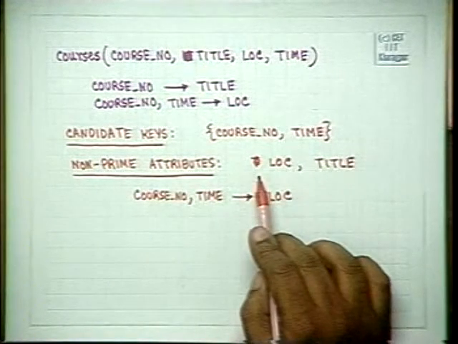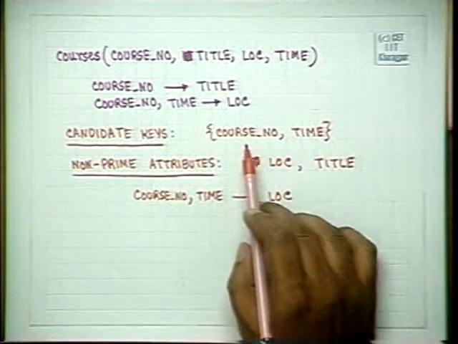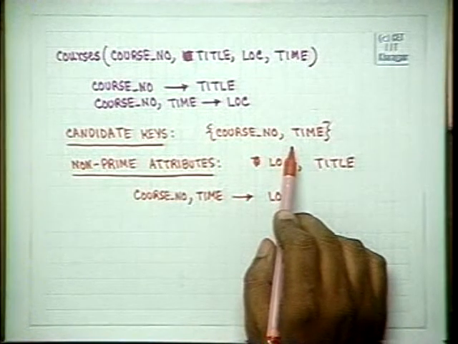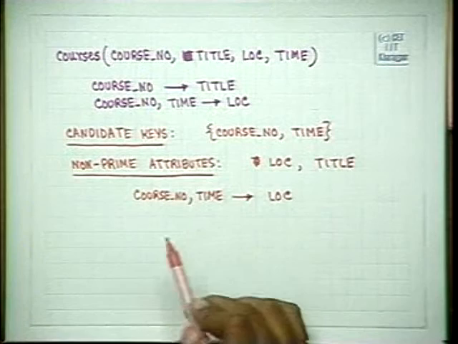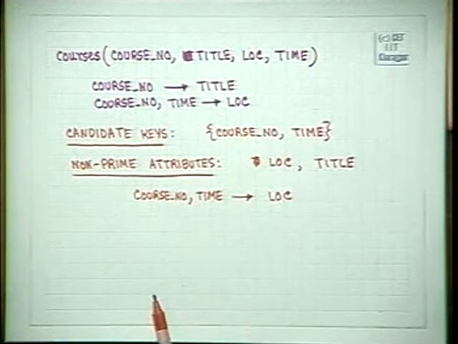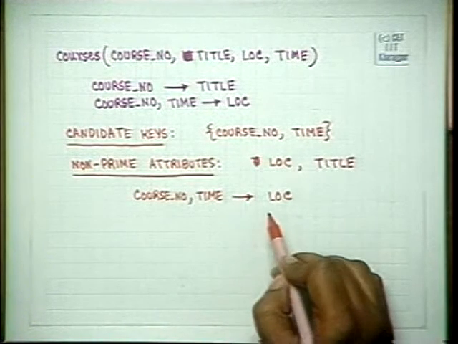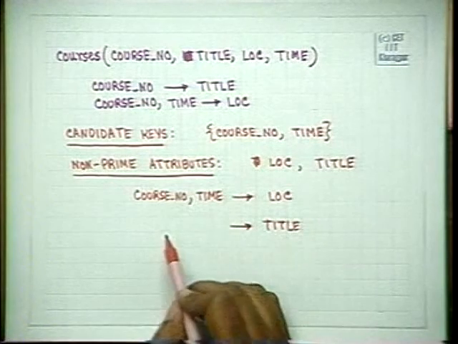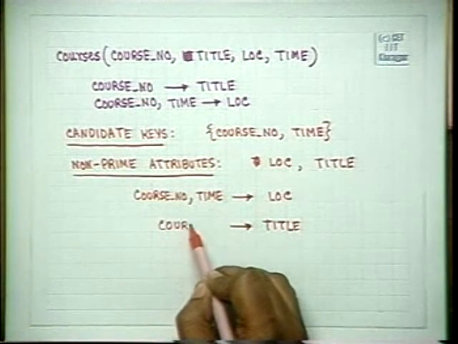These non-prime attributes will be functionally dependent on the candidate keys, that is obvious, because these are by definition the candidate keys. But title is not fully functionally dependent. Location is fully functionally dependent, but title depends only on a subset.